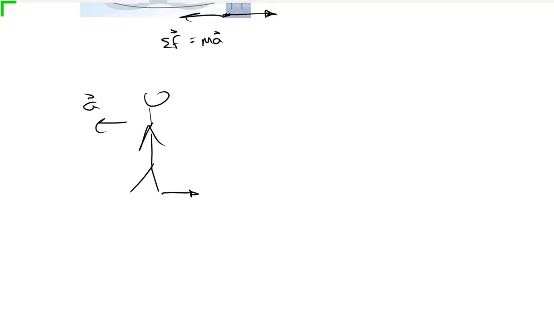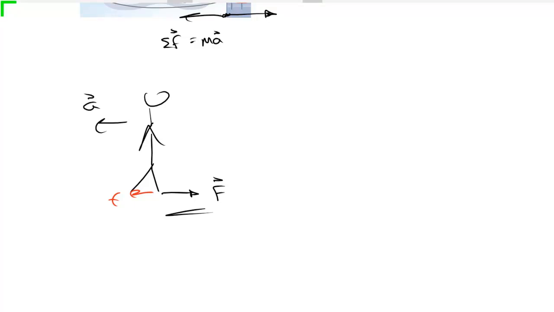You push back with some force this direction, and the ground pushes forward with equal force in the opposite direction. Generally the way that your foot interacts with the ground is through friction. So there is some frictional force the ground exerts back on you, pushing you forward.